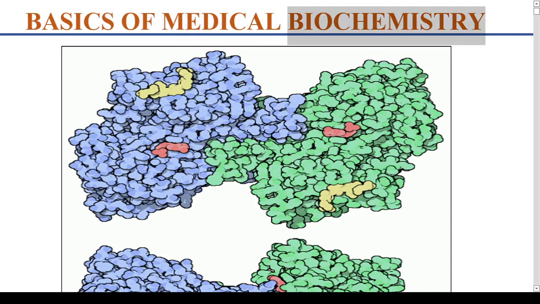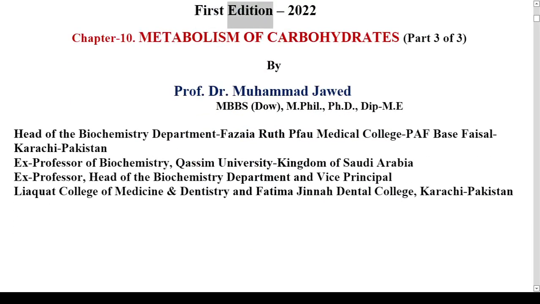Basics of Medical Biochemistry. First edition, 2022. Chapter 10. Metabolism of Carbohydrates, Part 3 of 3. By Professor Dr. Muhammad Jawad. MBBS, Dow, M. Philosophy, PhD, Dip M.E. Head of the Biochemistry Department, Faiz-i Ruthfa Medical College, PAF Base Faisal, Karachi, Pakistan.